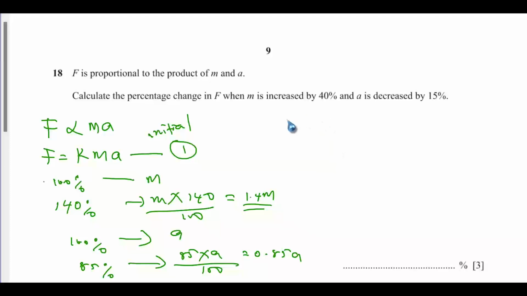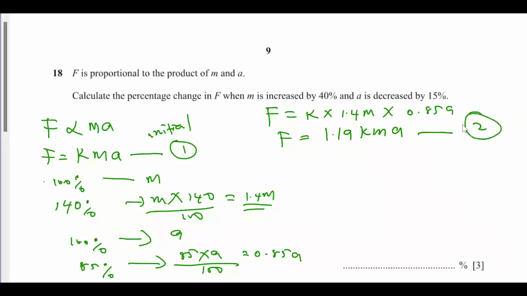So we can get the new value for F. F will be equal to k times 1.4m times 0.85a. If you do this, you get F equal to 1.19kma. So to get the change now, this equation 2 can be the new or final value.